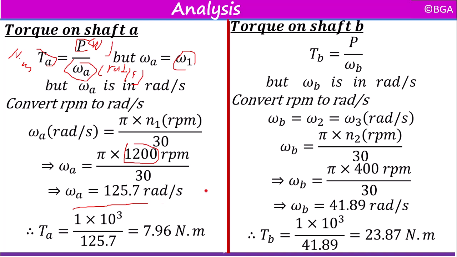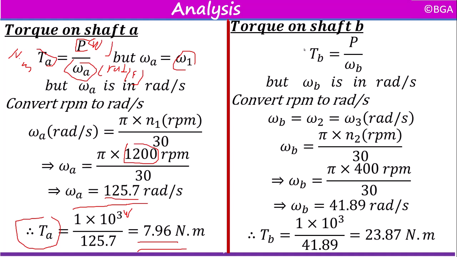The power transmitted through the gear drive system is given to be 1 kilowatt, so we need to convert kilowatt into watt. Here I multiply 1 by 10 raised to 3 to convert it to watt. Then omega is 125.7 radians per second. If you substitute, you get the torque on shaft A to be 7.96 Newton meter. Now we are done finding torque on shaft A.